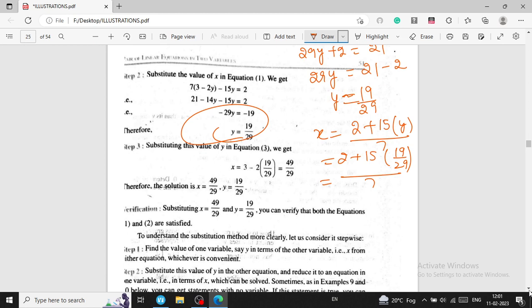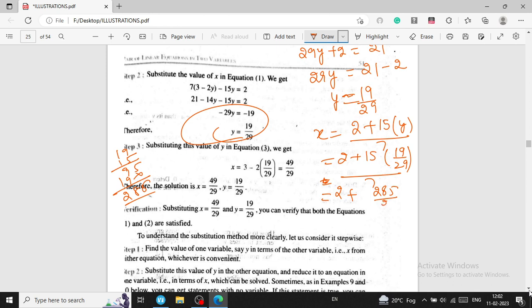Ultimately you will find the result: 19 multiplied by 15, you will get 285.